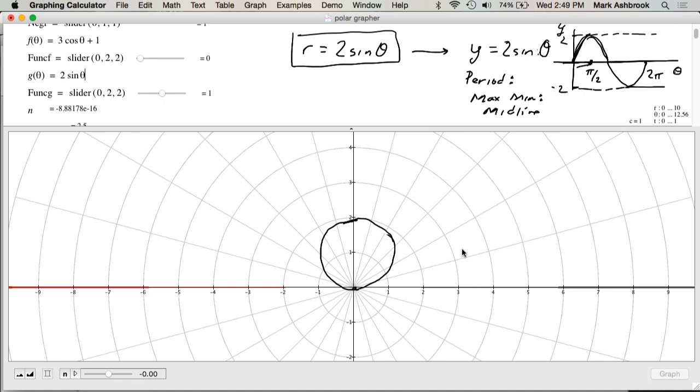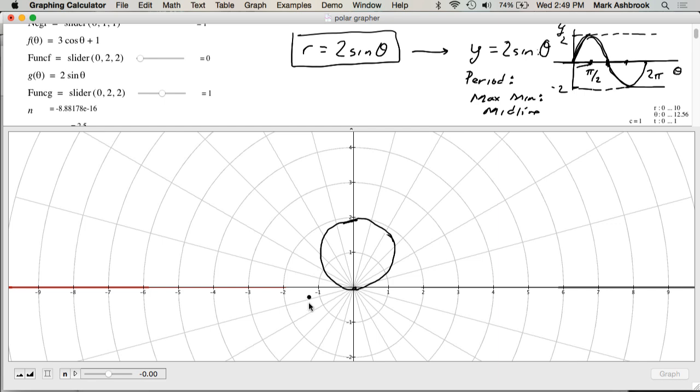Okay, so now we're in the third quarter here. We're going to go from pi to 3 pi over 2. What happens to r? It decreases to -2.